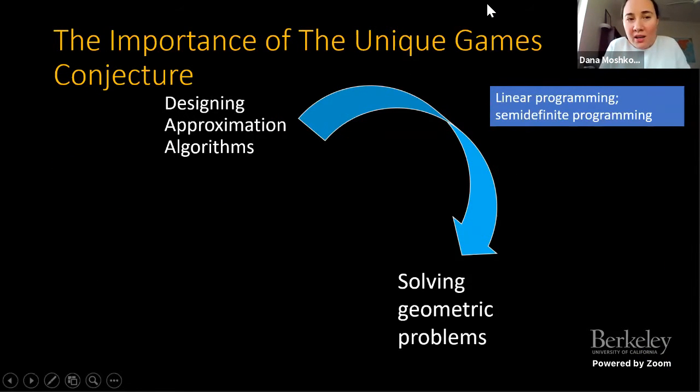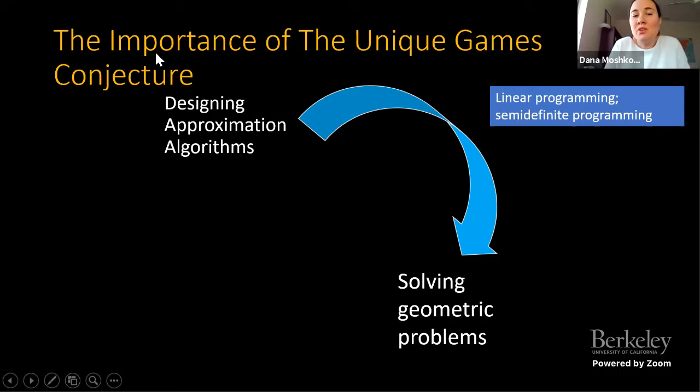Let's talk about why we care so much about the unique games conjecture. So here is the importance of this conjecture. For decades and decades, algorithms people have been designing approximation algorithms for combinatorial optimization problems by reducing them to geometric problems. Why? Because people have been using linear programming and semidefinite programming.